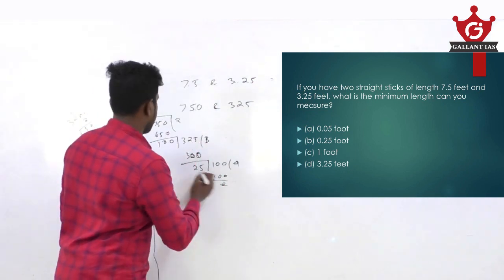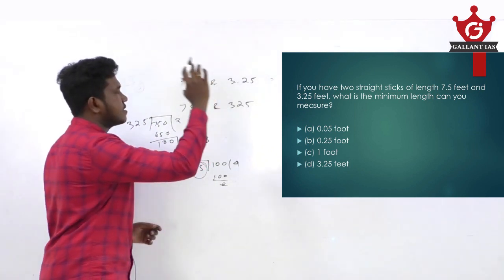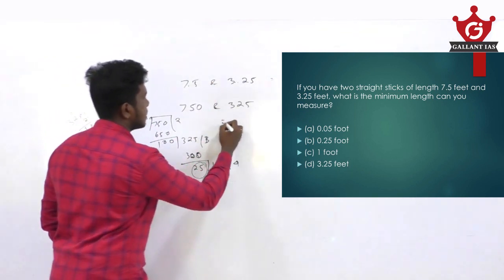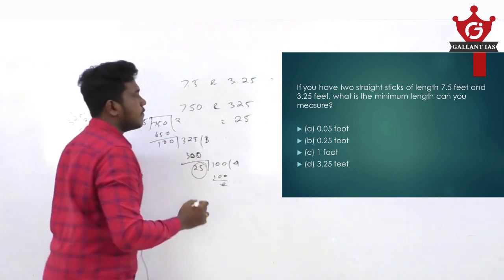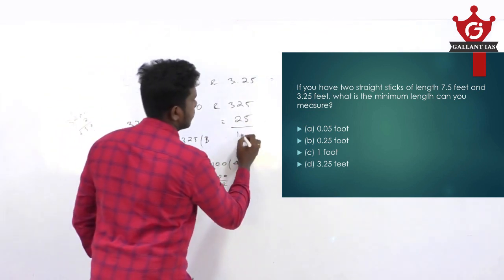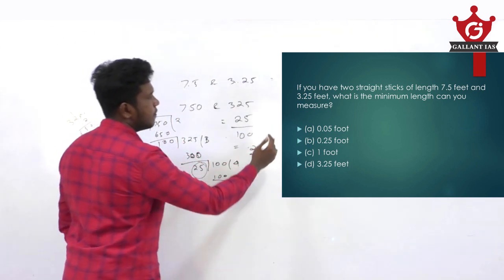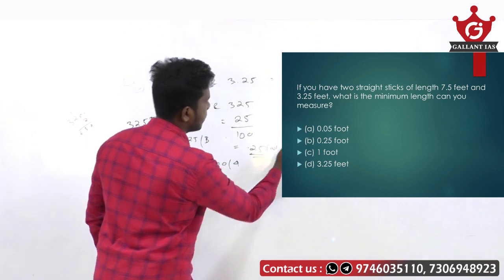When you find the HCF of 750 and 325, you will get the answer as 25. Convert back to decimal by dividing by 100, so you will get 0.25. So our answer is 0.25. The answer is B, 0.25.